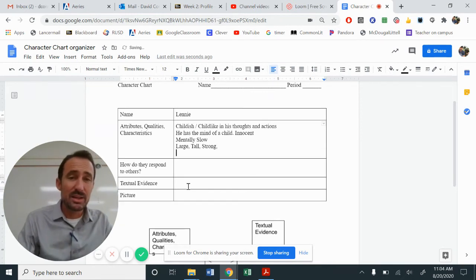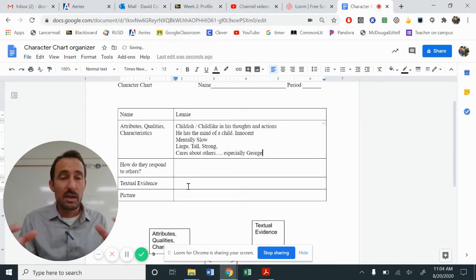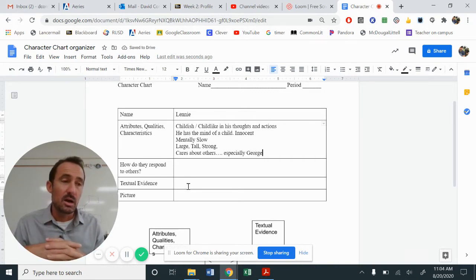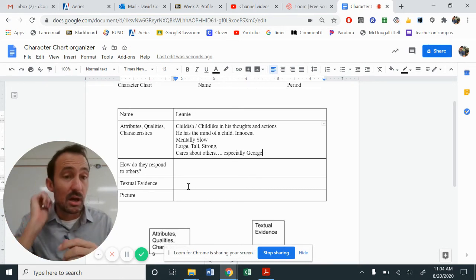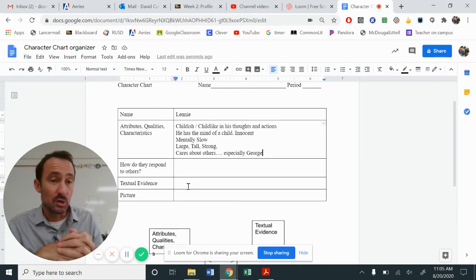I'm also going to put down that he cares about others, okay? Especially George. They have a bond. They have a connection. They have a relationship together where they trust each other. Lenny is not able to be on his own, and so he's very dependent upon George.